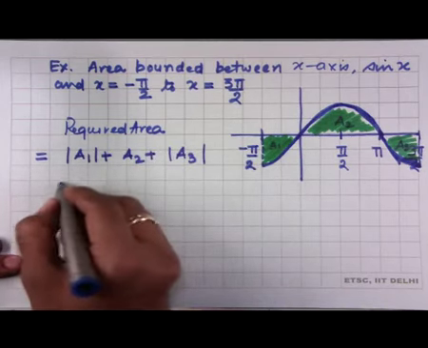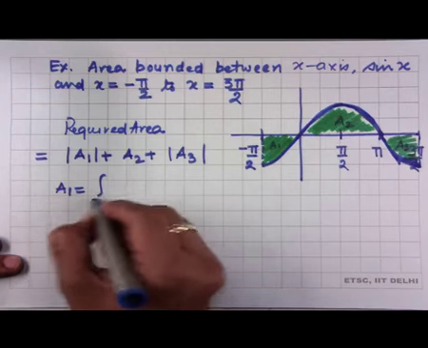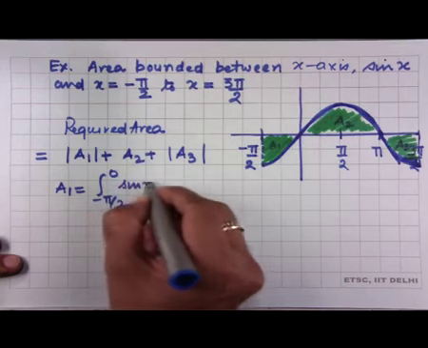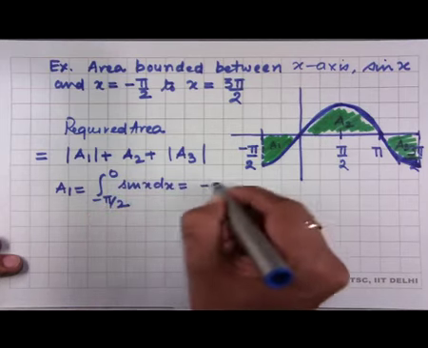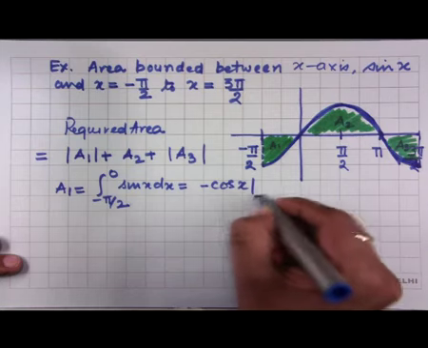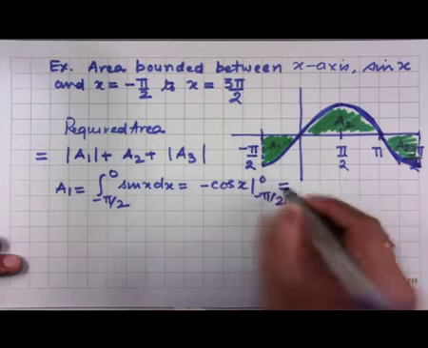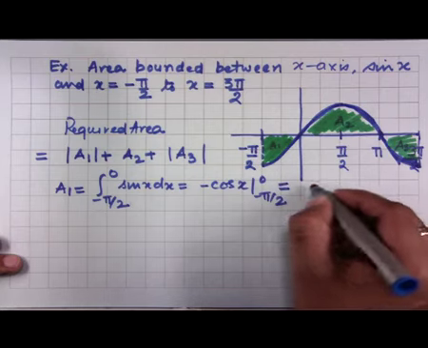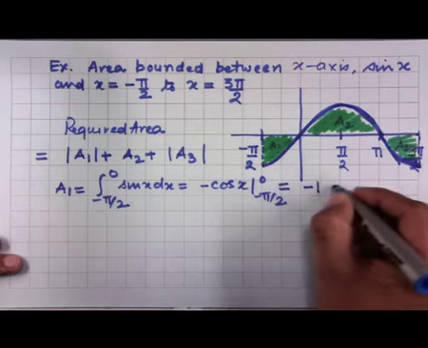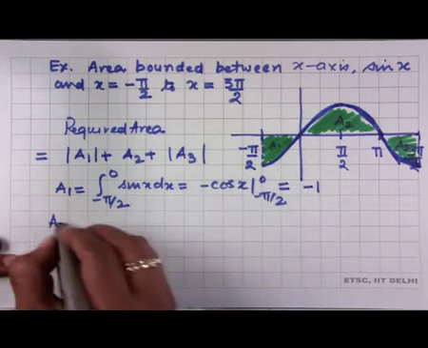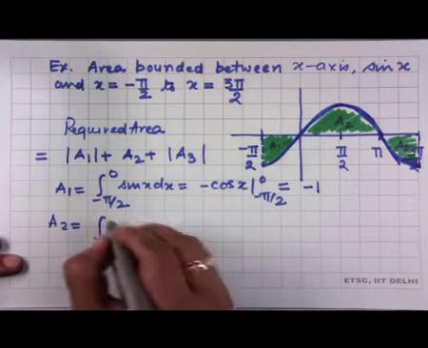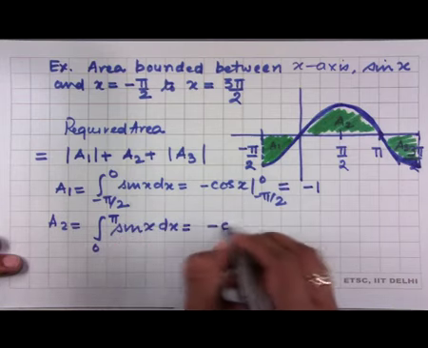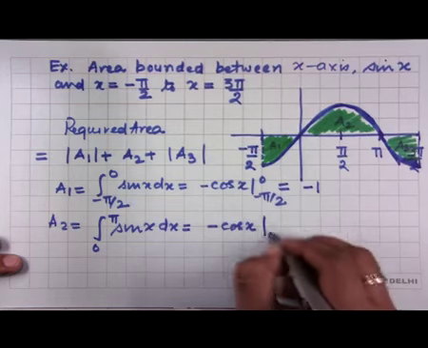So, A1 is the integral from minus pi by 2 to 0 of sin x dx. The integration of sin x is minus cos x, from minus pi by 2 to 0, which gives minus 1. A2 is the integral from 0 to pi of sin x dx, which is minus cos x from 0 to pi.